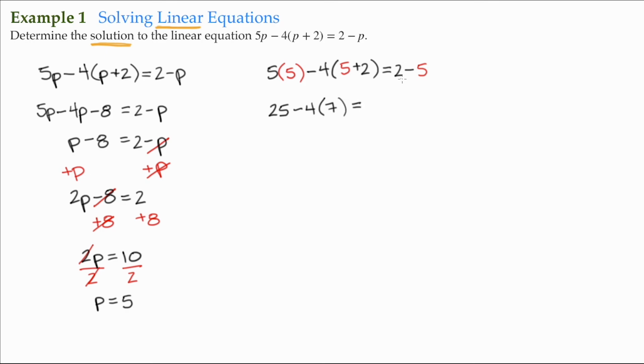And that's equal to 2 minus 5, and 2 minus 5, that is negative 3. 25 minus 4 times 7. 4 times 7 is 28. 25 minus 28, that is indeed equal to negative 3. So negative 3 equals negative 3, which is a true statement. So since that's a true statement, then p equals 5 is the solution to this linear equation. And there we have it.